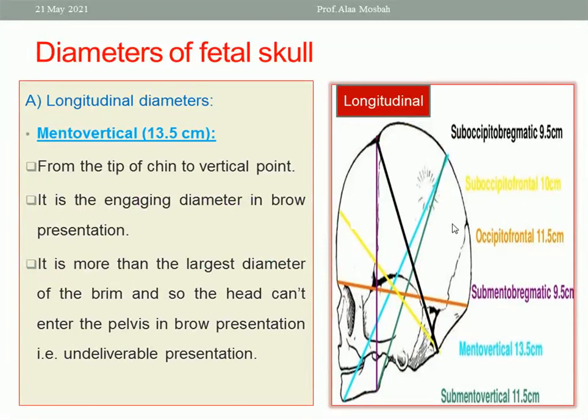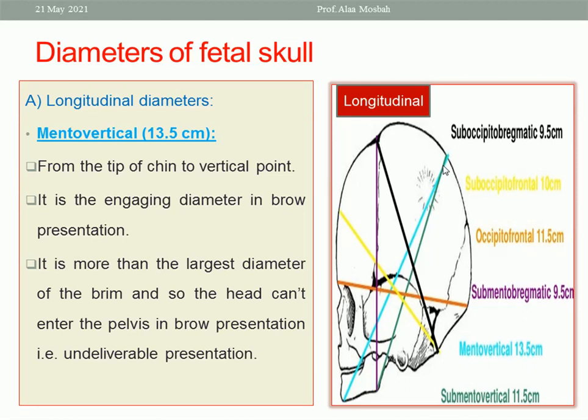Mentovertical diameter 13.5 centimeter. It is the largest longitudinal diameter, starting from the tip of the chin here to the vertical point, which is midway between the anterior and the posterior fontanelle. It is the engaging diameter in brow presentation, and it is larger than the largest diameter of the female pelvis.